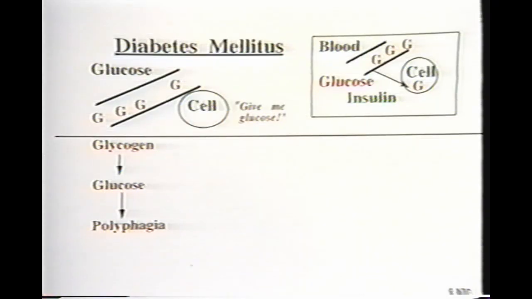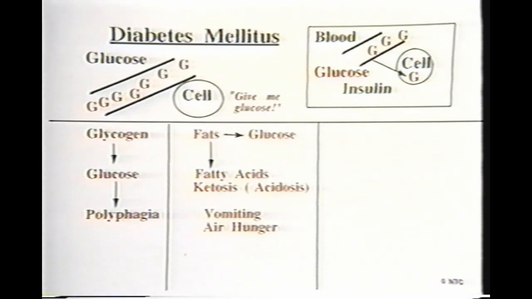We'll take the first line of defense, which is to convert glycogen stored in the muscles and also in the liver into glucose. So the body converts glycogen to glucose, increasing the number of glucoses in the bloodstream, also making the patient hungry as the glycogen stores are depleted. The only problem is there's still no insulin. So the cells are still screaming for glucose.